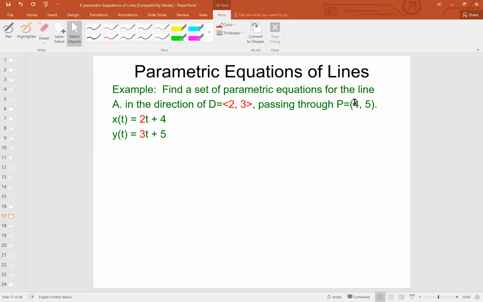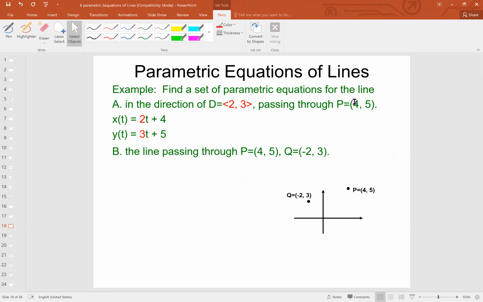This is a slightly different variation of x(t) and y(t), the parametric form in coordinates. If I'm given two points, here's the way to write the parametric equations of the line passing through the two points. First, find the direction vector by subtracting these two vectors.